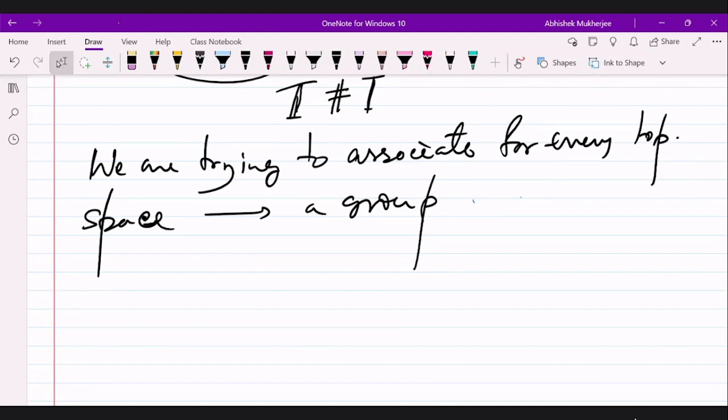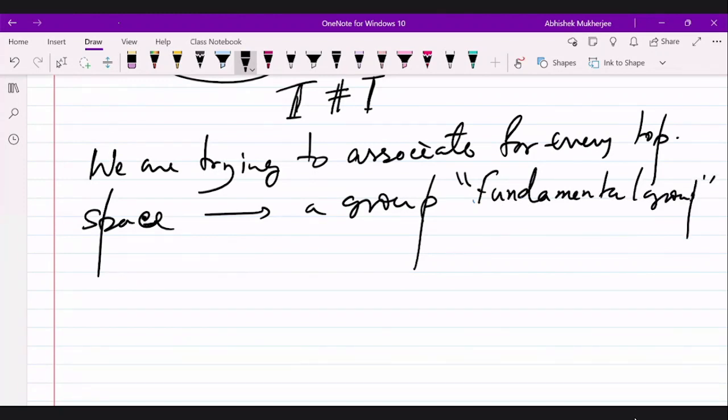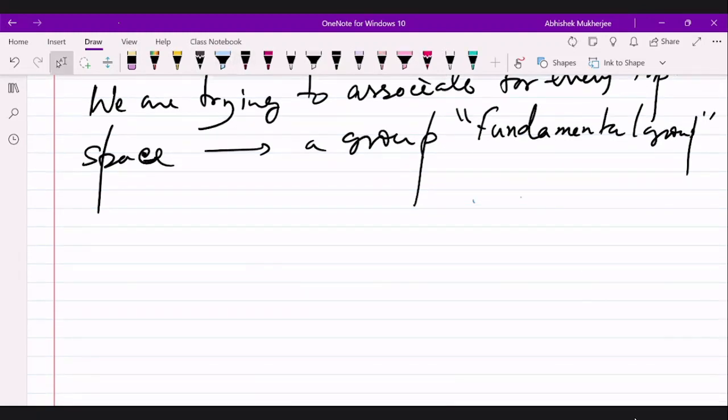We're trying to associate to every topological space a group which is known as the fundamental group. Correct. And using this notion, you can easily define simply connectedness. Okay. So it is enjoyed by R3, right? R3 minus (0,0,0), right? But it is not enjoyed by R2 minus (0,0). I'm sorry, R2 minus (0,0).